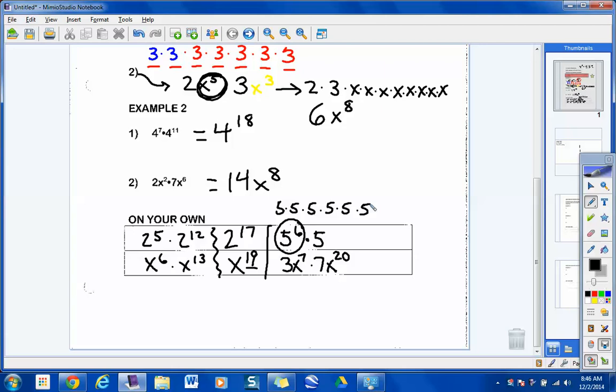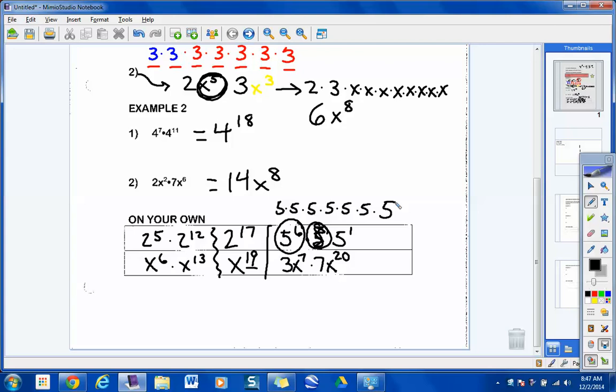I also need to account for this 5, but how many 5s are really right here? There's just 1. So when there's no exponent by a number or a variable, you always assume what number is out there. Assume that this is really the same as 5 to the 1st, because we got to account for that 5. So how many 5s do I really have here, gang? 7 of them, right? So I should call this 5 to what power?